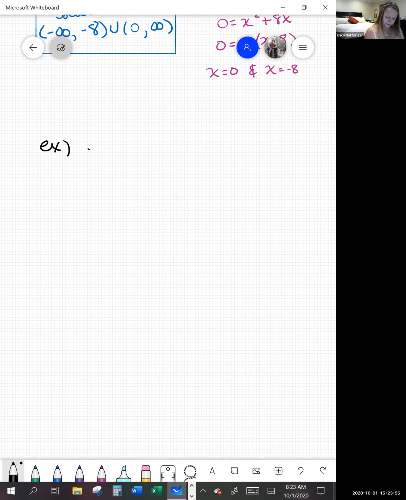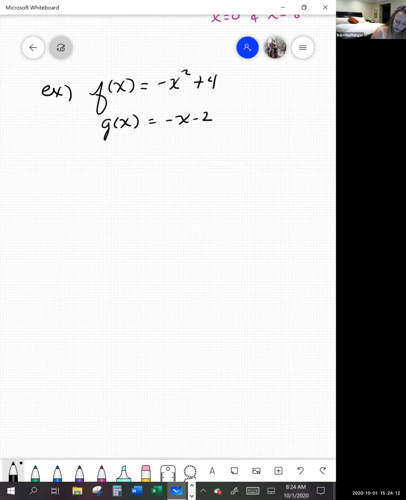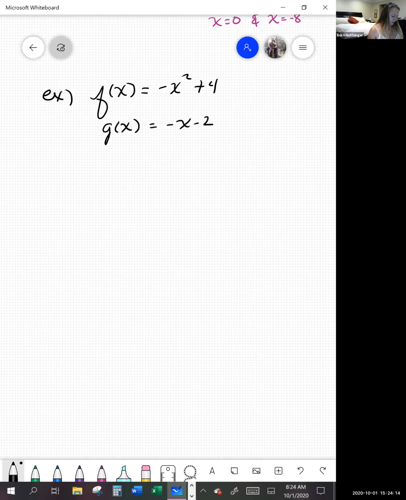So how about f of x is equal to negative x squared plus 4, and g of x is equal to negative x minus 2. And so we want to answer the following questions. We want to know when f of x is equal to g of x.